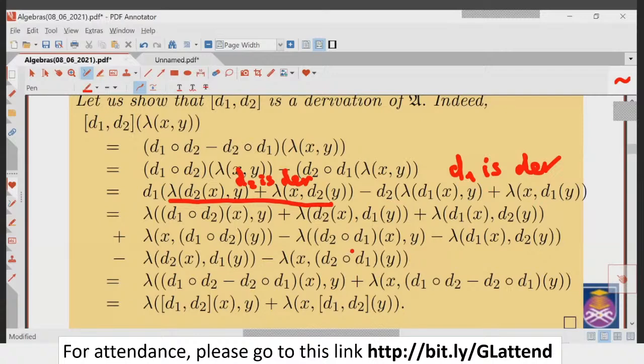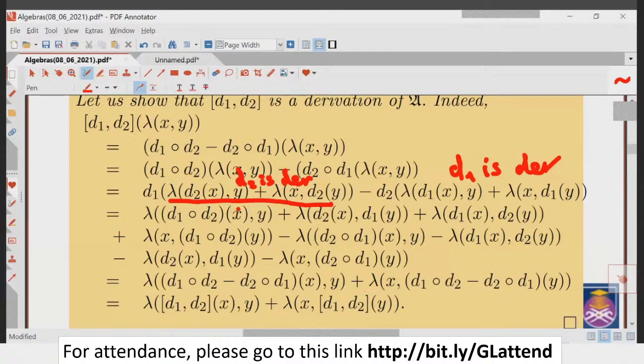Now you can regroup. Taking here λ D2 D1, you can write this as λ (D1∘D2 minus D2∘D1)(x) y, and λ x times (D1∘D2 minus D2∘D1)(y). But this guy is the bracket [D1, D2].